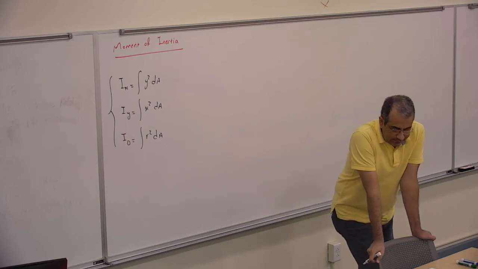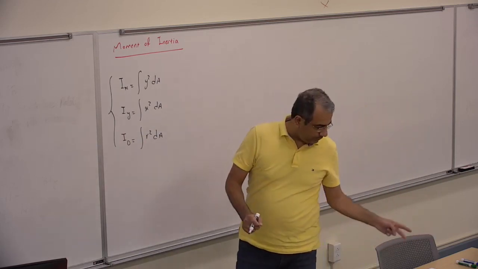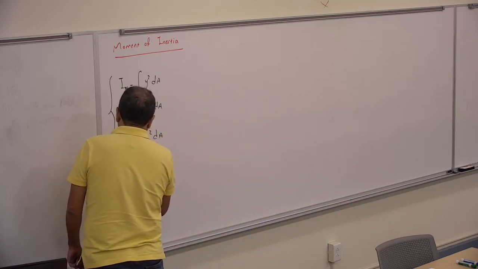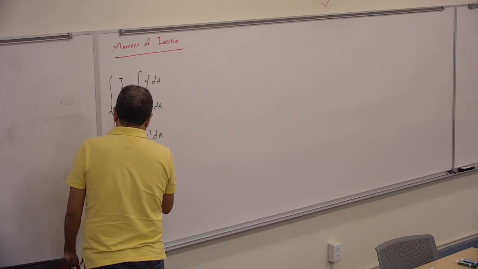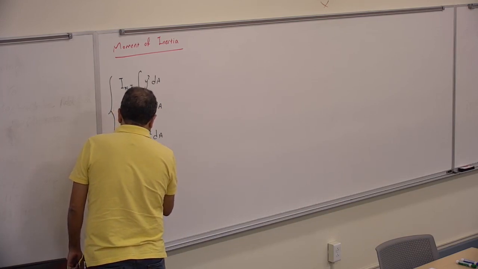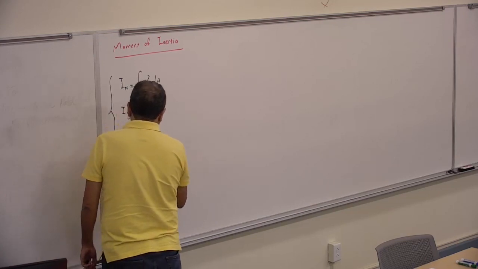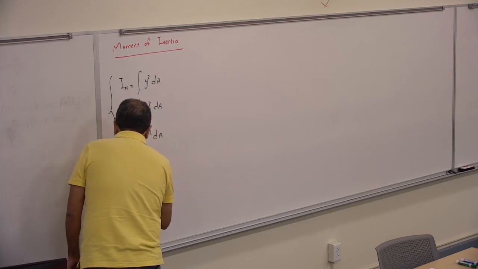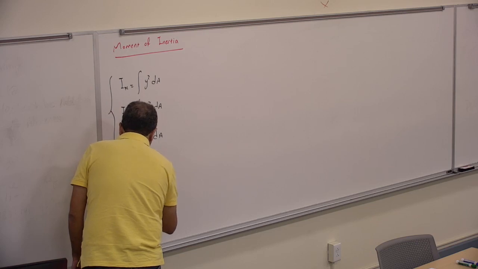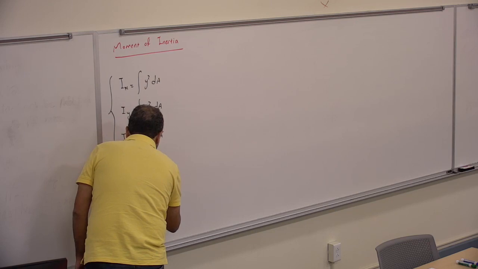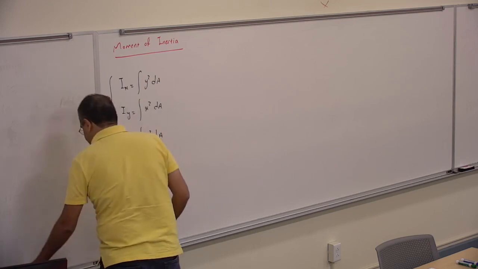And then we talked about the parallel axis theorem. So it says that the I about any x-axis is I about the axis that passes through the centroid plus A d_y squared, and I about the y-axis is I about the y passing through the centroid plus A d_x squared.